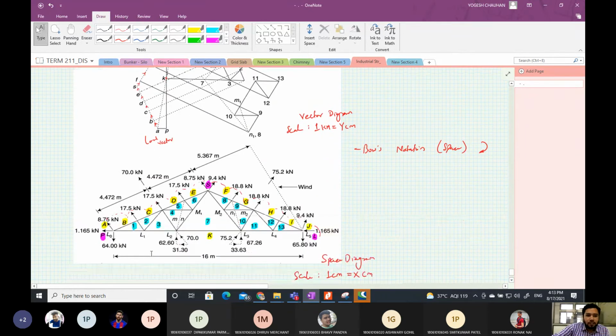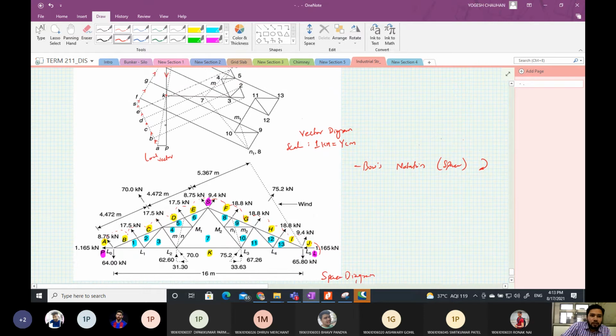Then from K to P, again 64 kilonewton downward. So draw a line 64 centimeter in the downward direction, and you will get this point P. Then from P to A, there is 1.125 from right to left.